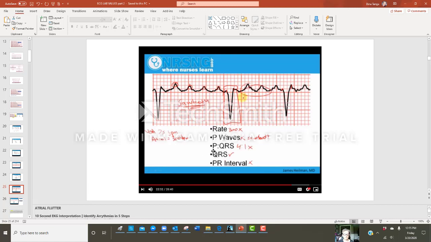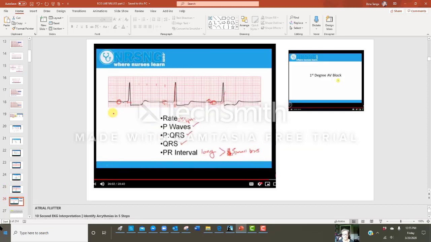The QRS length is normal, and the PR interval is normal as well. And he said that that was atrial flutter. And with the PR interval being long, greater than 5 small boxes, he said that that was a first-degree AV block. So we're going to go into more detail on that later on.